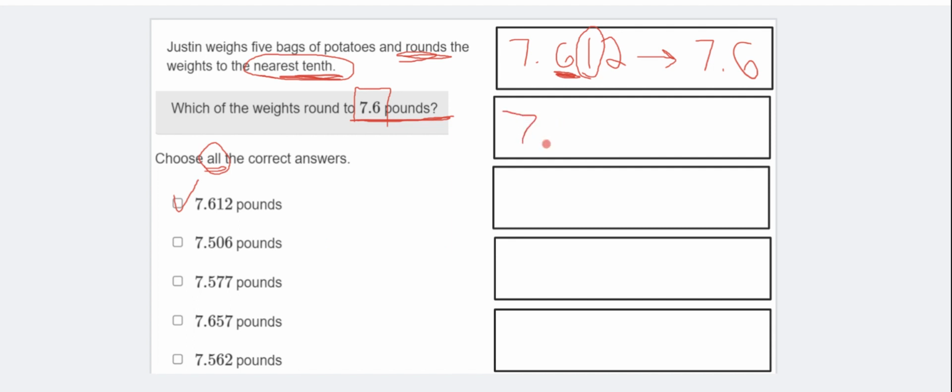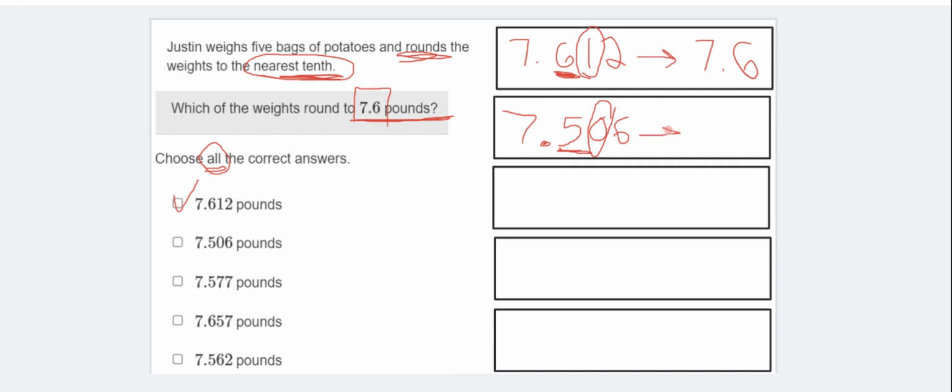7.506, or 7 and 506 thousandths. And I'm going to round to the nearest tenth. So there's a 5 in the tenths place and a 0 next door. If there is a 0, am I going to round up or am I going to keep it the same? That's right.